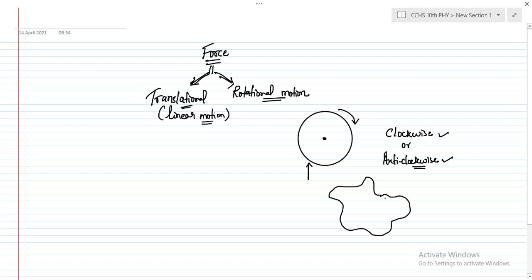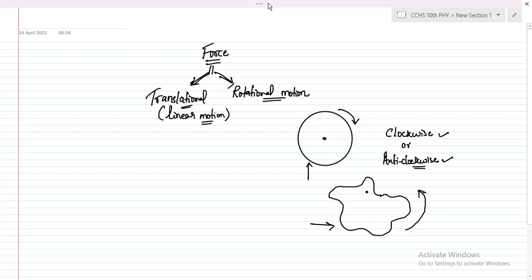It's a cardboard which is simply cut in different shapes, and now I am pivoting the body at this point with the help of a nail, and now a force is applied in this direction. Obviously the body experiences a turning effect in anti-clockwise direction. So this is the rotational motion, which can only be possible when the body is pivoted at a point.